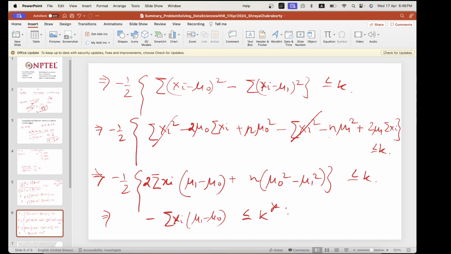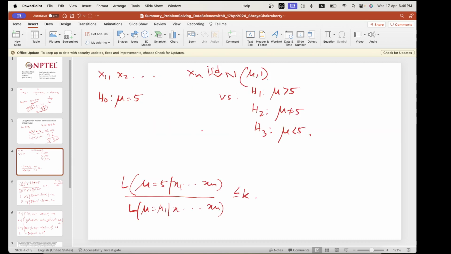Is it okay? Now, just look at the three hypotheses. Okay, so this hypothesis is actually mu1 greater than mu naught, this is mu1 not equal to mu naught, and this is mu1 less than mu naught.